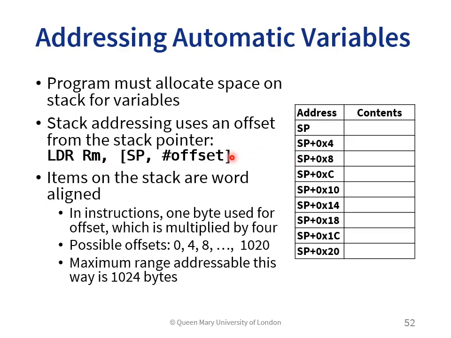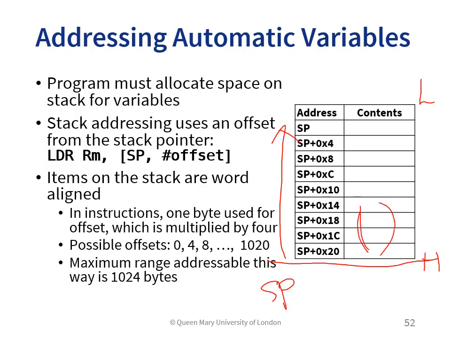The idea is that after we enter the function with a certain SP, we allocate the space by making SP smaller. So here is the high address, here is the low address. We may have several registers being pushed, and then we subtract from SP to create the space that we need for our variables.